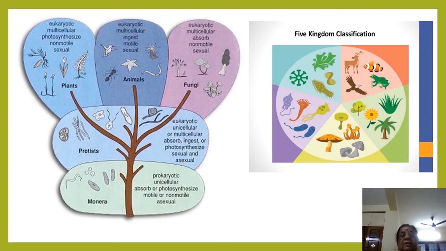Then kingdom Animalia. Again they are eukaryotic, multicellular. They ingest food, heterotroph. They show movement, they move from place to place, and they have locomotor organs such as pseudopodia, body setae, tentacles, cilia, and appendages.